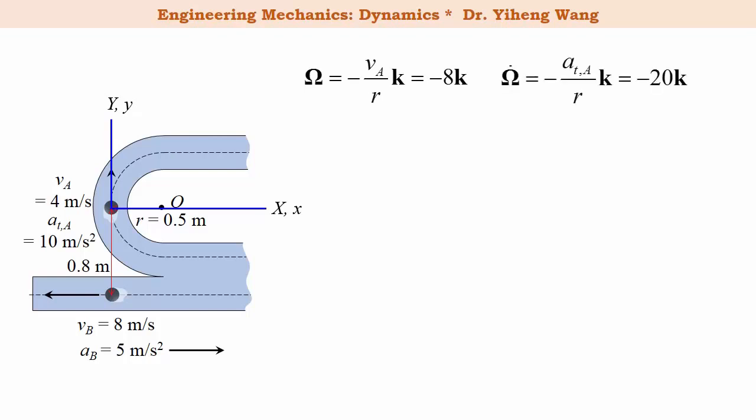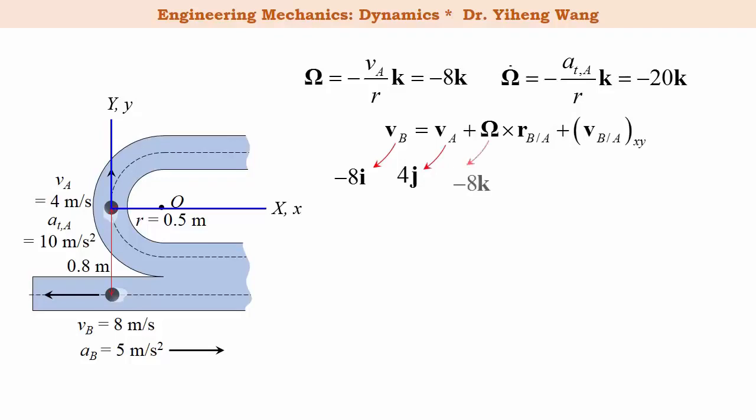And now we're going to use this equation again, but the difference is now we do know the absolute velocity of object B as well as the absolute velocity of object A. We just determined the angular velocity of this rotating reference frame, and this is the relative position vector of B relative to A. Notice that all vectors are represented using the rotating reference frame.